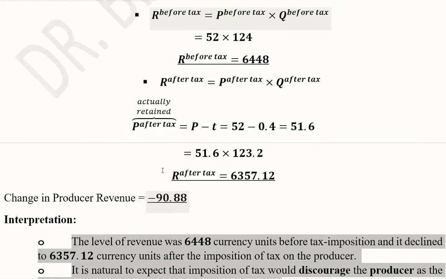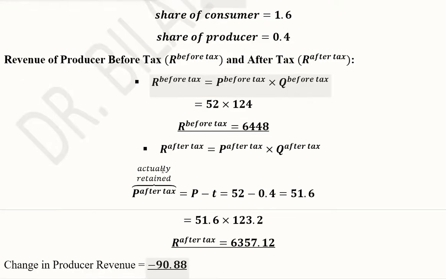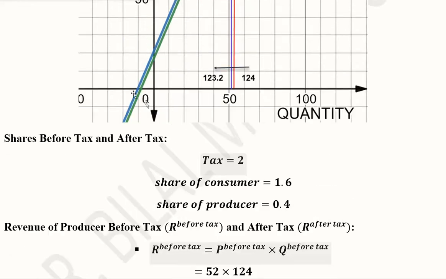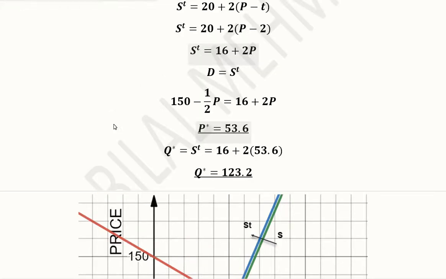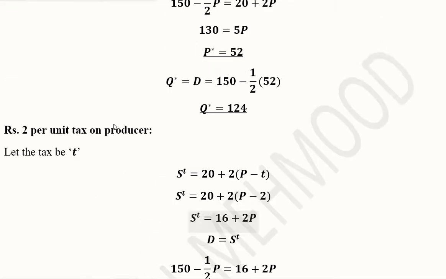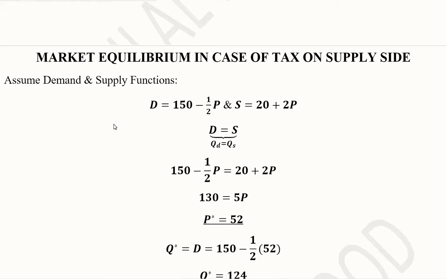Now you know how we can incorporate the effect of the producer's tax in the market equilibrium, and we can also calculate the revenue change in the producer's accounts. And this was the diagram. This was the post-tax equilibrium, and this was the pre-tax equilibrium. This is how we can analyze the effect of the tax on the supply side. Thank you.